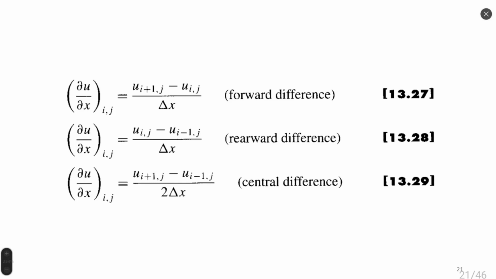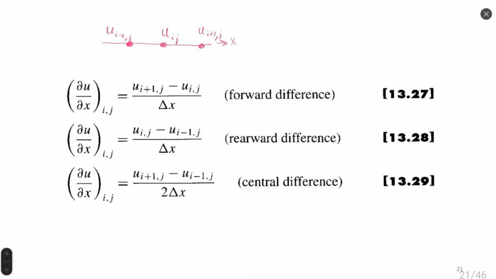So this arbitrary point in space, if we visualize it, in the x direction axis we will see a central point u i j, and the next one u i plus 1 j, the previous one u i minus 1 j, three different points.